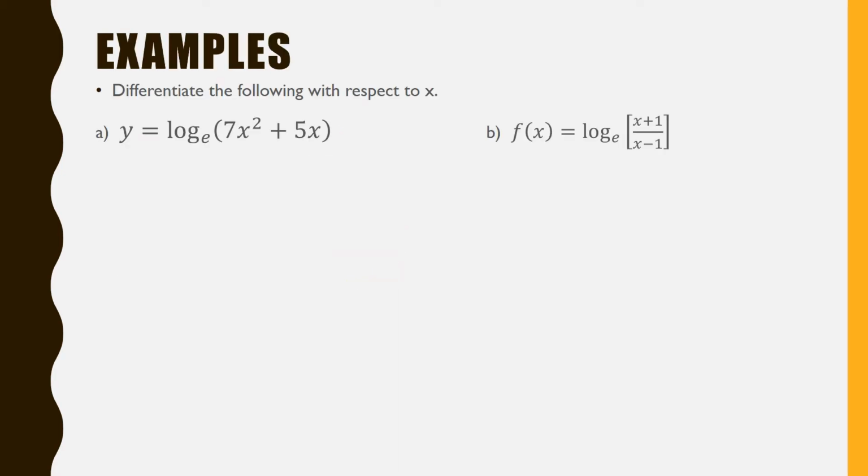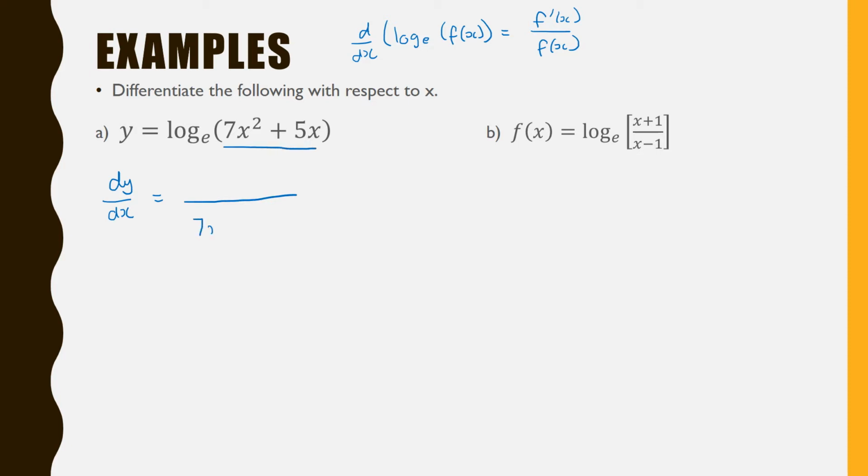Okay, so looking at our example here, our rule, if you recall, is that if we are differentiating log base e of a function, and this formula is indeed on your formula sheet, we get the derivative of the function over the function itself. So to find dy dx, we're going to have a fraction. In the denominator, we keep the function as it is, 7x squared plus 5x.